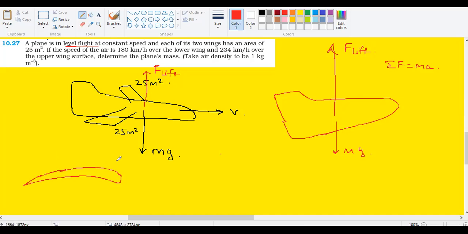Coming back to this, you know that there is a higher speed here and a lower speed here. As you can expect, this is the upper wing, so 234 kilometer per hour. This is 180 kilometer per hour. Determine the plane's mass.